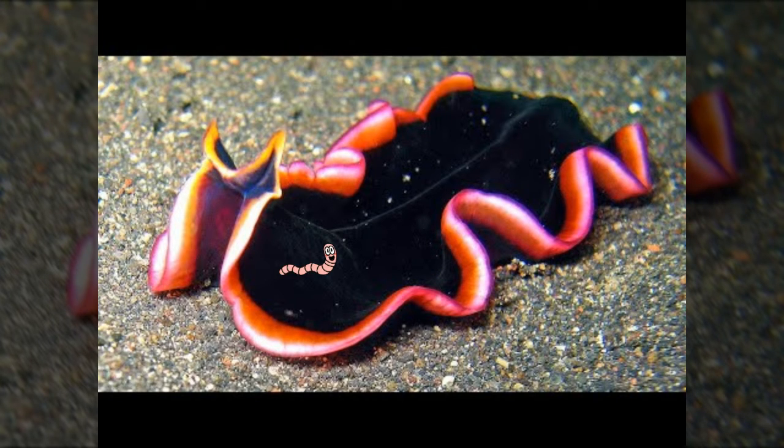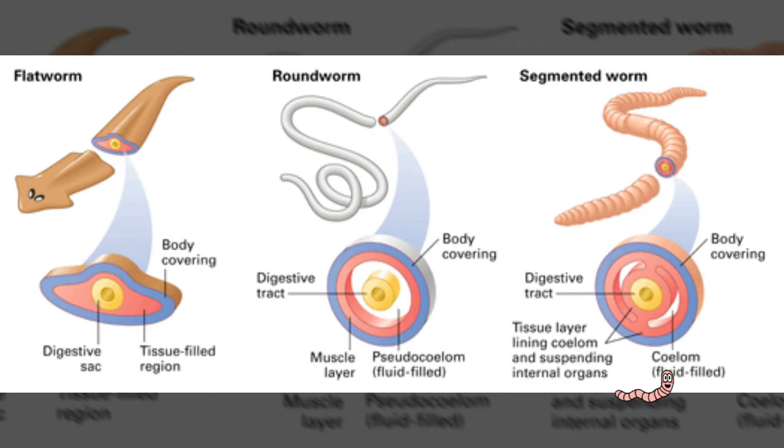They use moving cilia and slime-like mucus, so they create this mucus, and then they slide on top with their cilia. Then they have no circulatory or respiratory organs. They use diffusion.